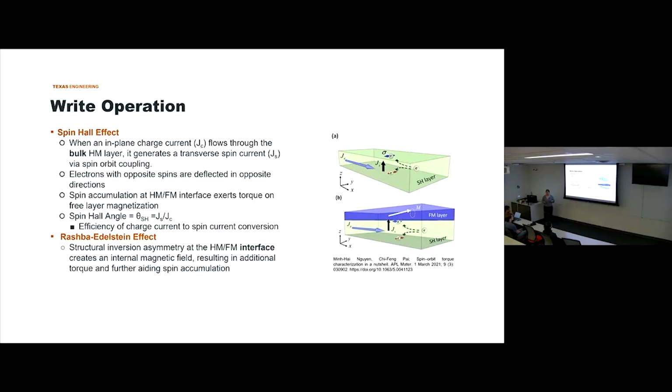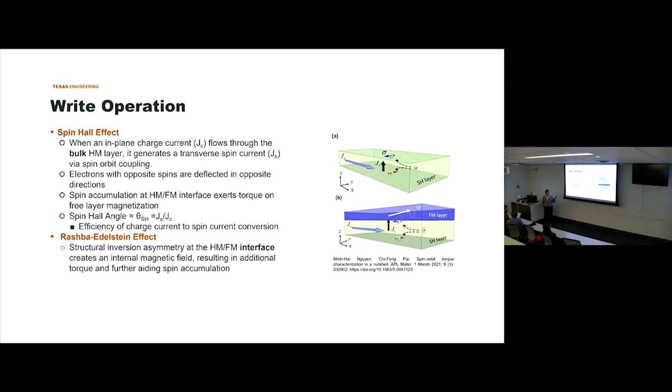Electrons with opposite spins are deflected in opposite directions, so you have accumulation of spin at the interface of your heavy metal and ferromagnetic layers. This ultimately is what exerts torque on your free layer magnetization, causing it to switch.